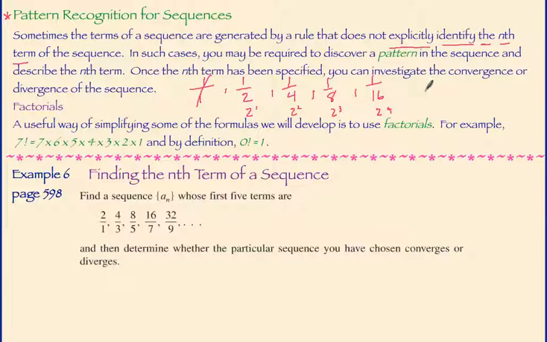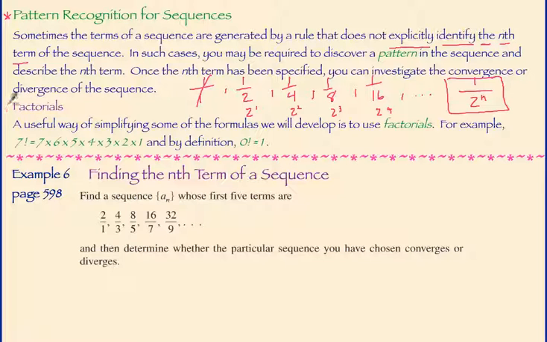And of course the numerator is always 1. So this general term is a sub n equals 1 over 2 to the n. That's how you can look at the pattern of the terms, describe the pattern, and generate your own nth term. Then once you find it, you can determine whether the sequence diverges or converges.